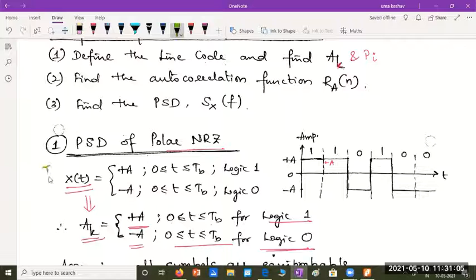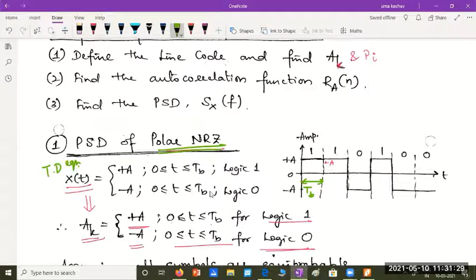Remember, this is your time domain equation for the given polar NRZ signal. It could be represented as plus A in the interval 0 to TB whenever it is a logic 1, minus A in the same interval whenever it is a logic 0. Remember, 1 bit duration is always TB.